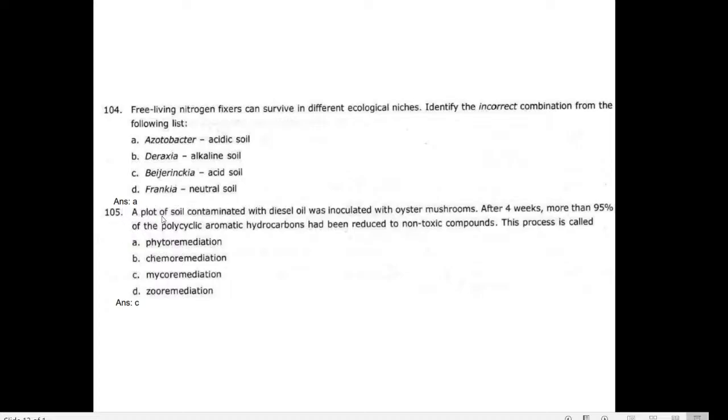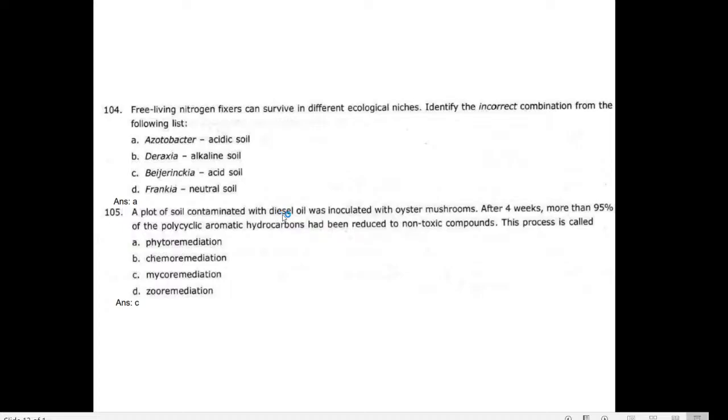Next question: a plot of soil contaminated with diesel oil was inoculated with oyster mushroom. After 4 weeks, more than 90% of polycyclic aromatic hydrocarbons had been reduced to non-toxic compounds. This process is called mycoremediation. From the statement, the oil is taken from the oil contaminated, diesel soil.